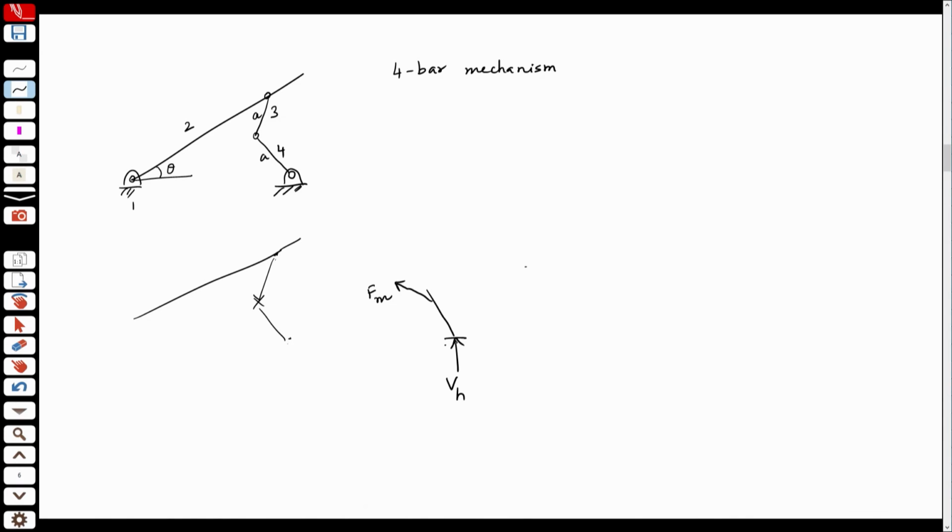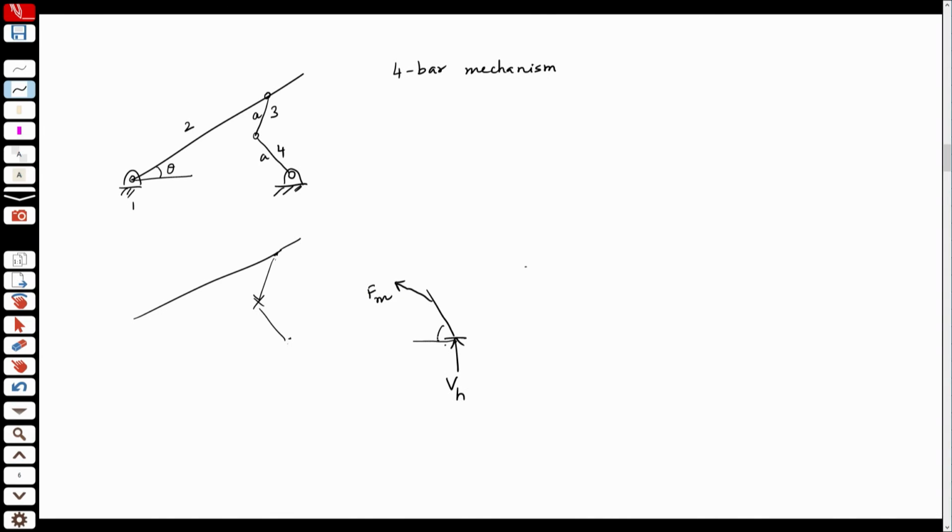So, even assuming it is quasi static, even for static analysis I could use the same thing. If I know the inclination of the whole body, then I can find this inclination, call it phi.